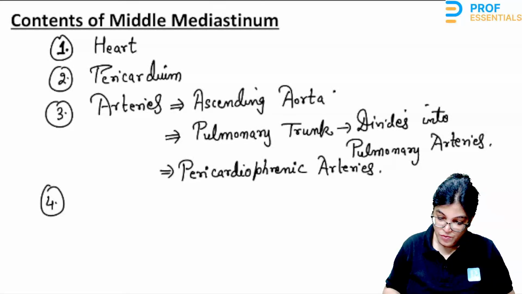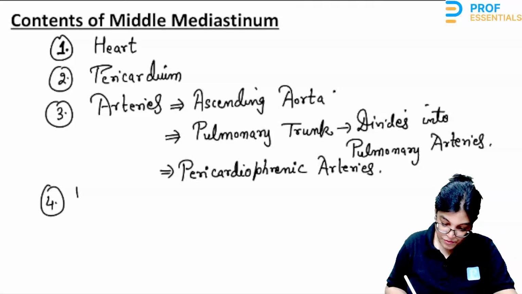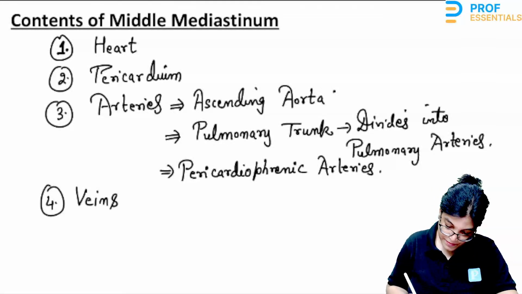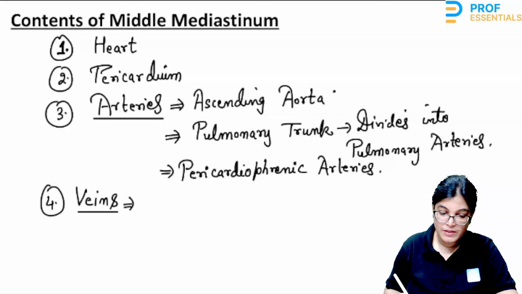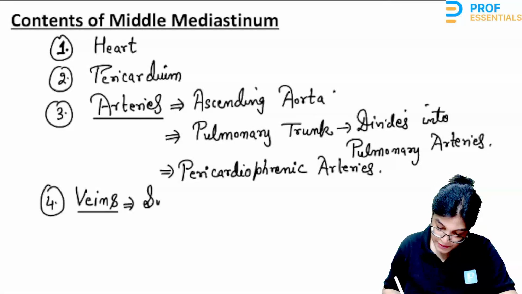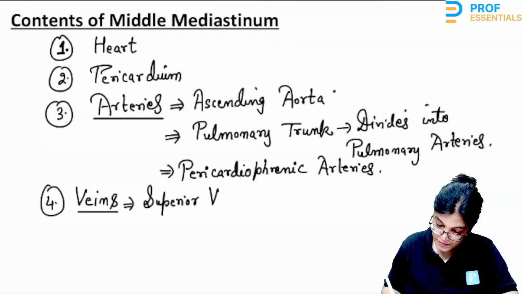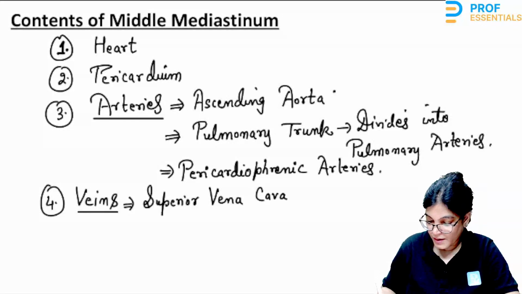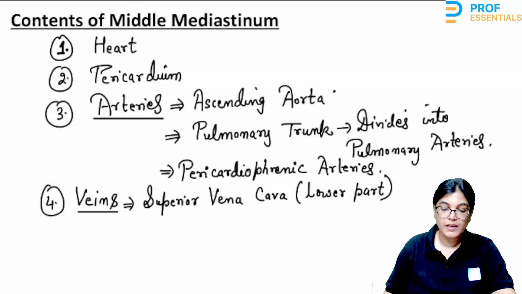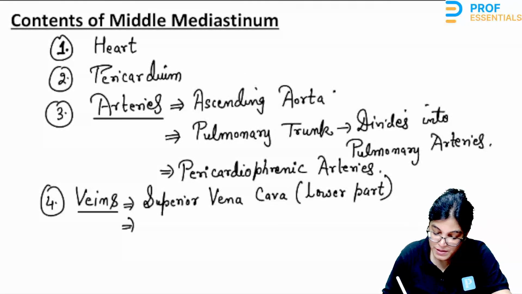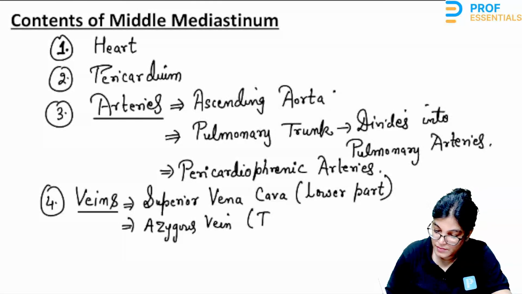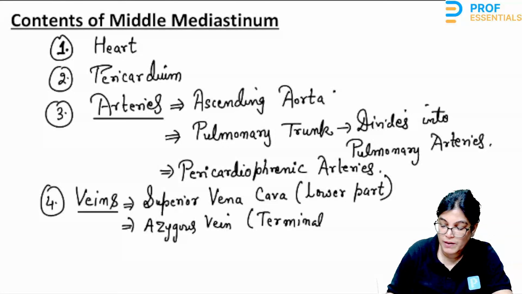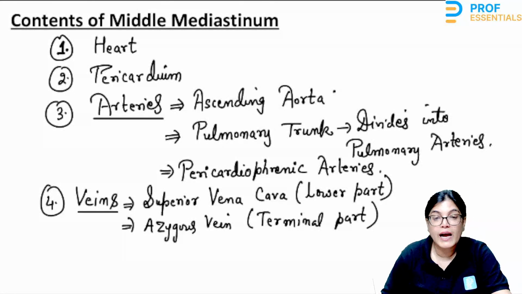The important veins are the superior vena cava lower part, the azygos vein terminal part which drains into superior vena cava, and the pulmonary veins.